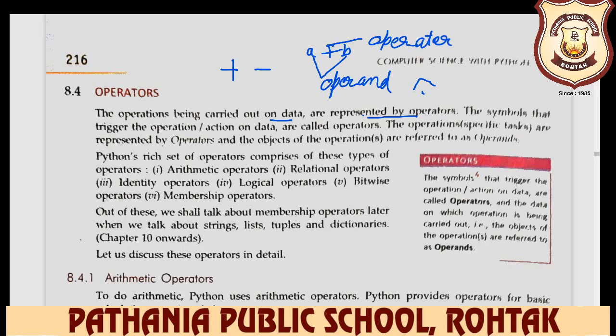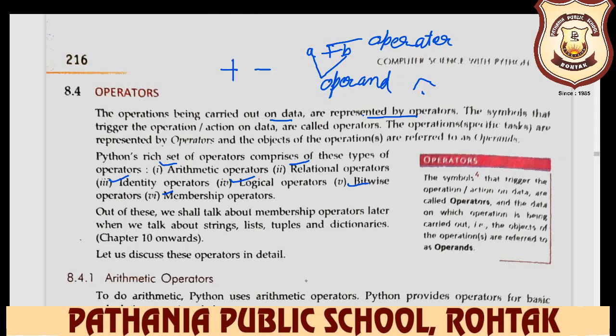In Python, many operators are there: arithmetic operators, relational operators, identity operators, logical operators, bitwise operators, and membership operators. Out of these, we shall talk about membership operators later, when we talk about the string, list, tuple, and dictionary chapters, from chapter 10 onwards.